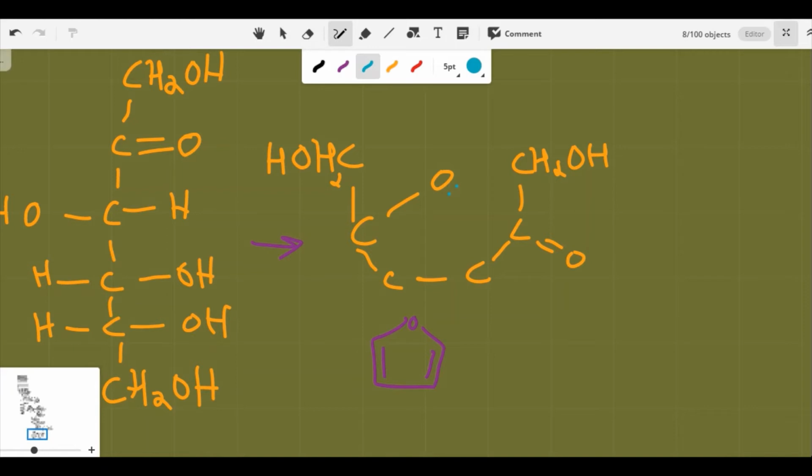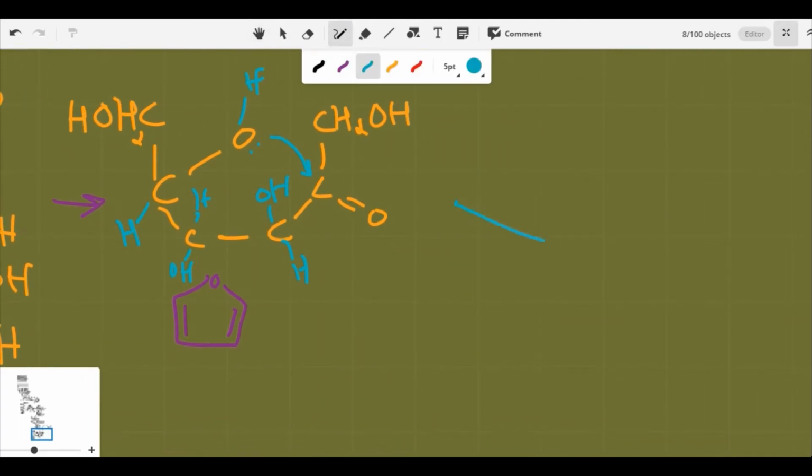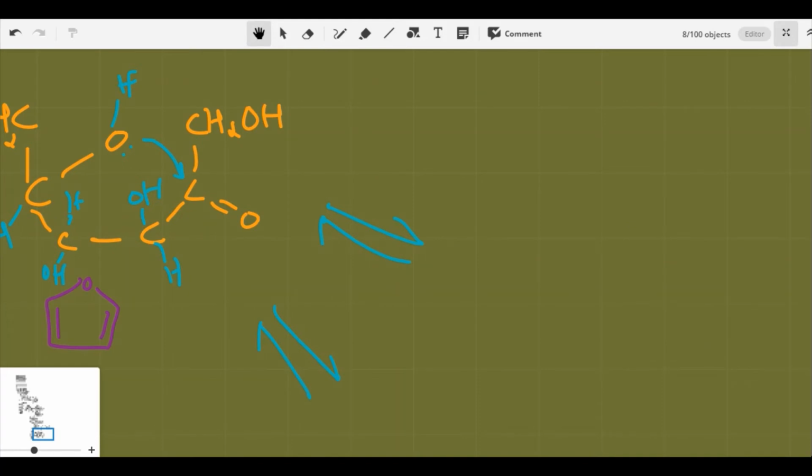Again, the lone pair of oxygen will attack on the carbonyl group, and here you can represent the other OH, hydrogen, and same here the hydrogen OH, and here is also hydrogen. So that will make two different types of products or structures.